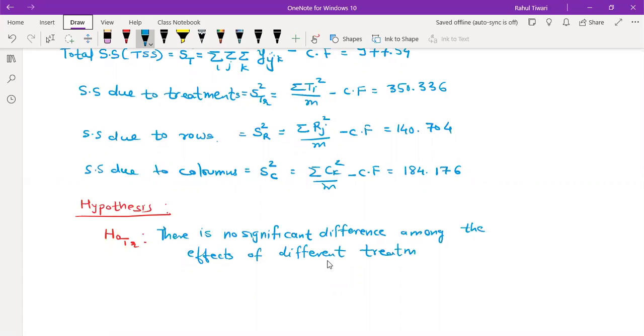So I have to define three hypotheses, one for treatment versus H1TR, which is equal to not H naught.